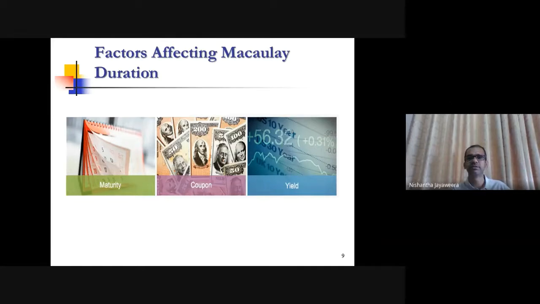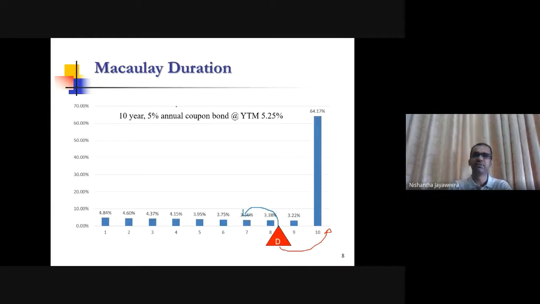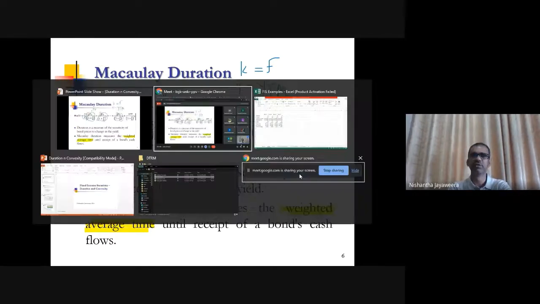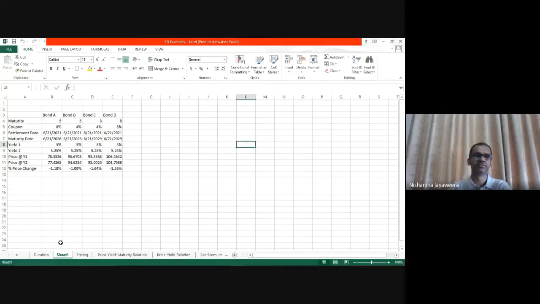The duration depends on the yield as well, not only maturity, not only coupon, but the yield as well. Before we move into this, we'll see how to calculate that duration based on this equation. We'll move to Excel.